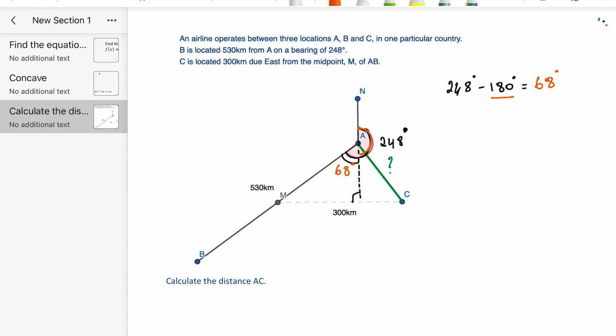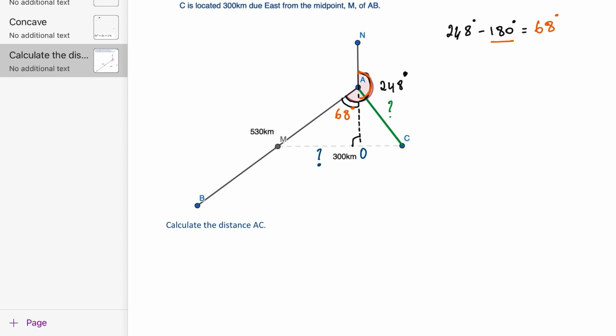I have another right angle, and what I'm looking for here is the line M, I'm going to call this O. So I'm trying to find out MO. Now, using the trigonometric ratios, I will use the sine of 68.